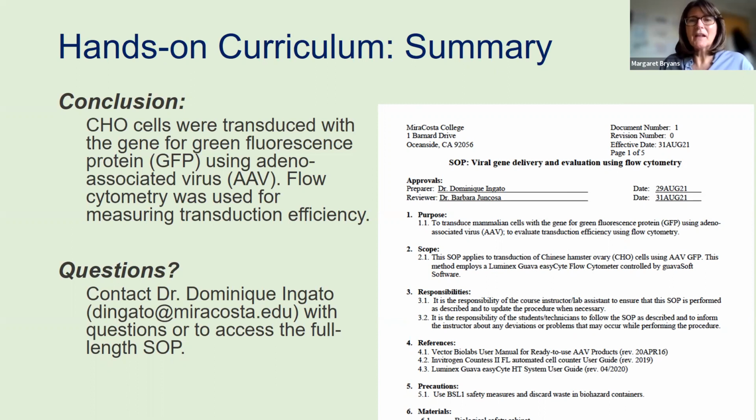Whereas Dominique took the high-tech approach with our flow cytometer, Hetal and I at Montgomery County Community College looked at transduction simply using fluorescent microscopy and also Western blot. So if you don't have a flow cytometer, you can do this experiment with less sophisticated tools.